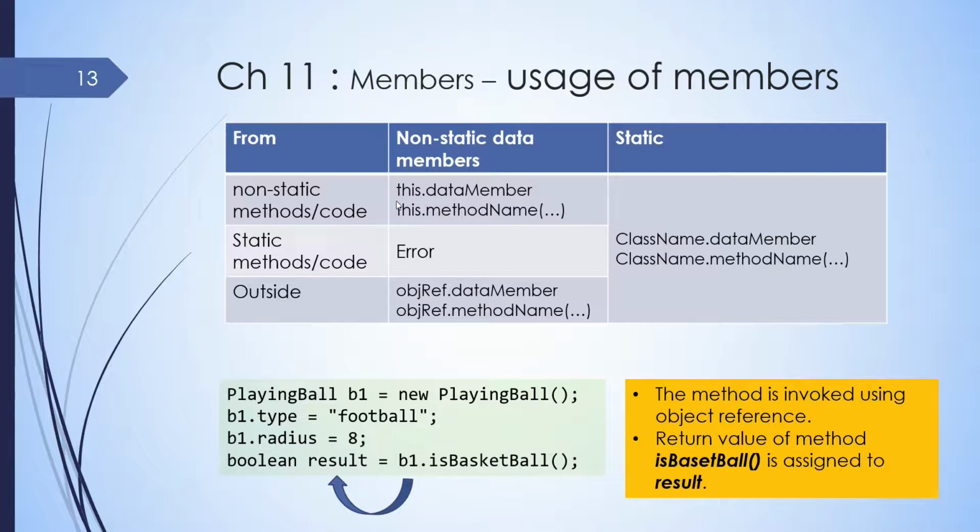As we discussed earlier, the this keyword is not required, but generally it is a good practice to avoid conflicts. If you want to access the static members from non-static methods or code, we can directly use ClassName.dataMember or ClassName.methodName. Here too, the class name is not mandatory, but generally it is a good practice so that the code is more readable.